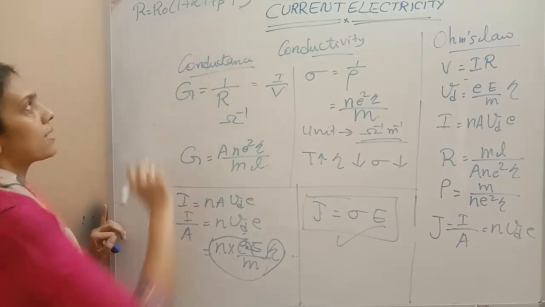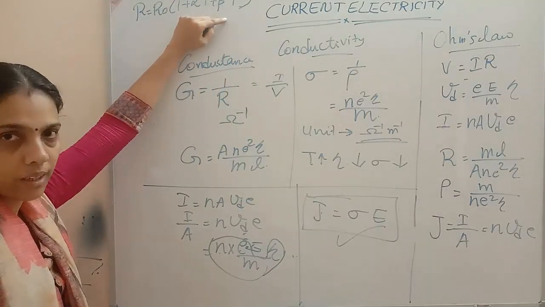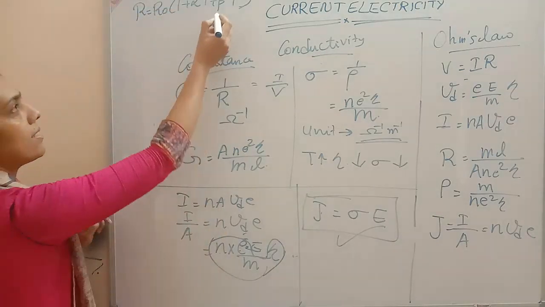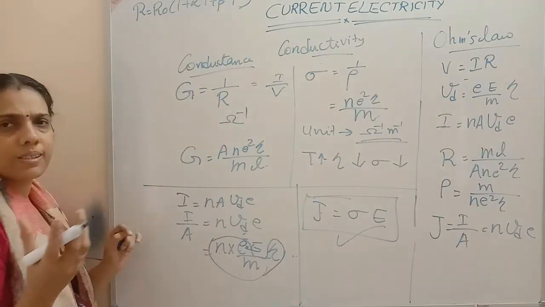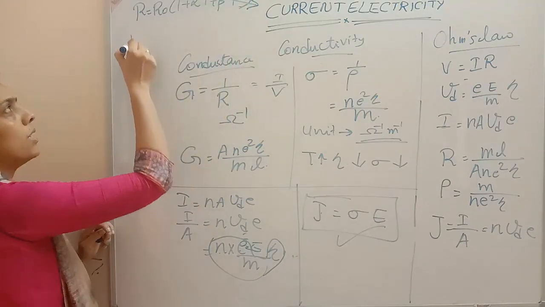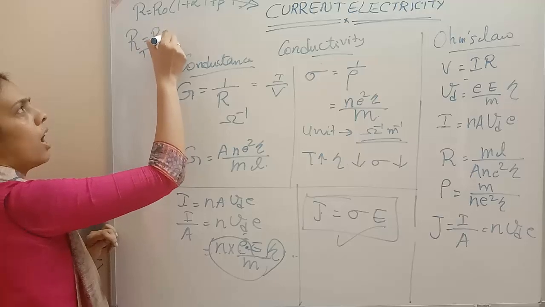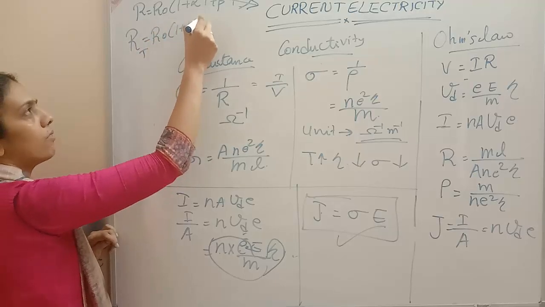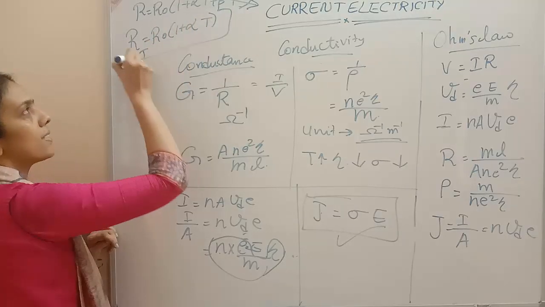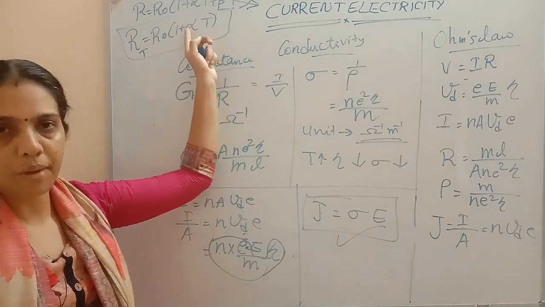This is how the resistance will be increasing. Since the temperature difference is very small, usually we won't consider this T square term. So R at temperature T will be equal to R0 into 1 plus alpha T. This is how, as temperature increases, resistance will be increasing.